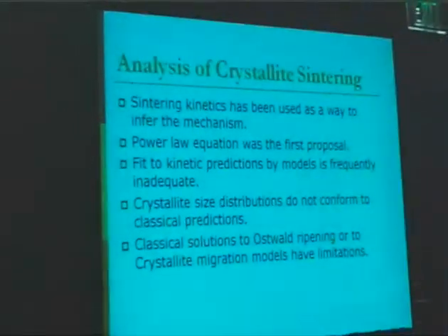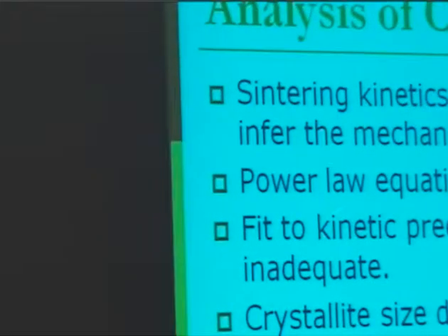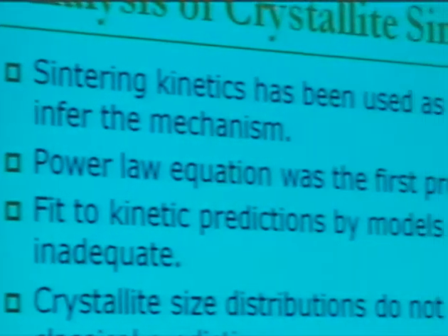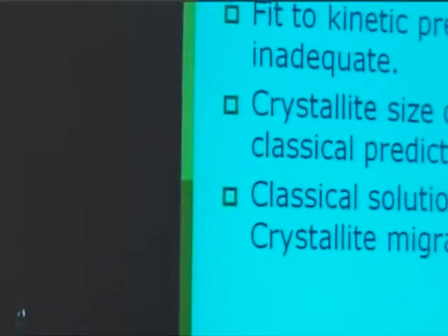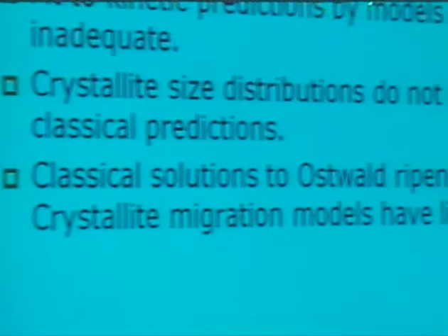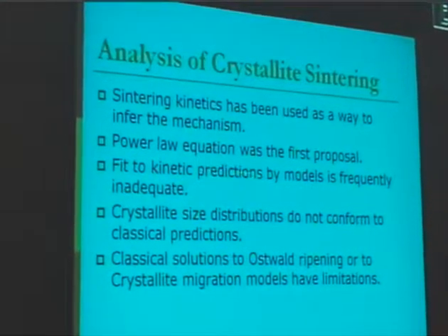Now, in going to the sintering, ripening process of crystallites, historically you have had kinetics as one of the sources of information to try to determine what is the mechanism. Power law equations were used in the old literature to really determine what was going on. But the problem is that many of the predictions are frequently inadequate.